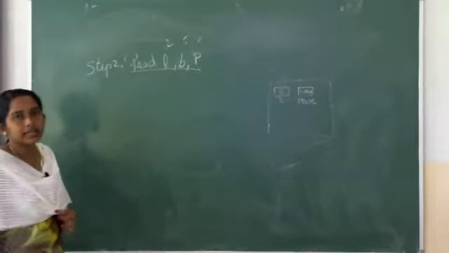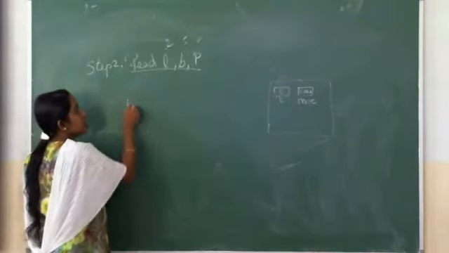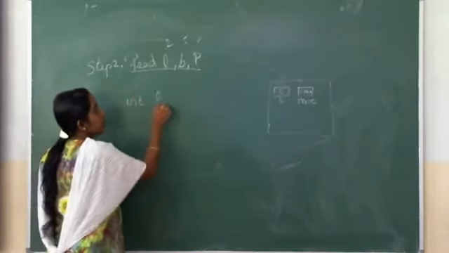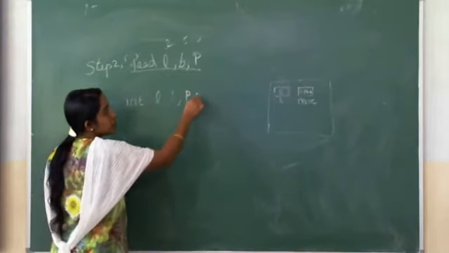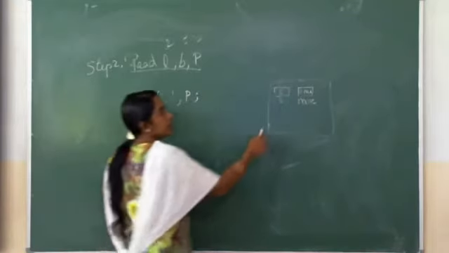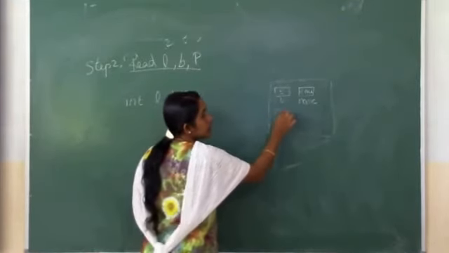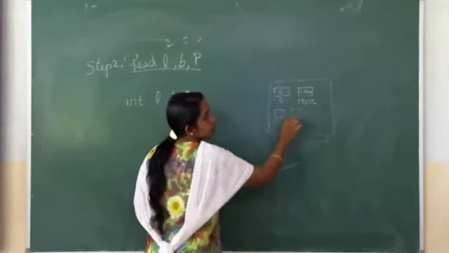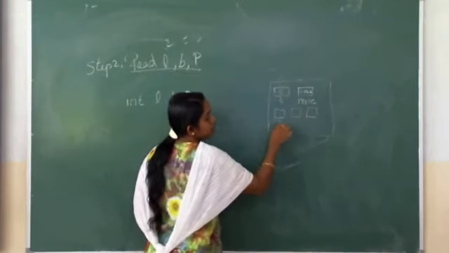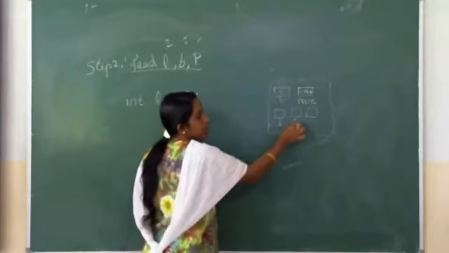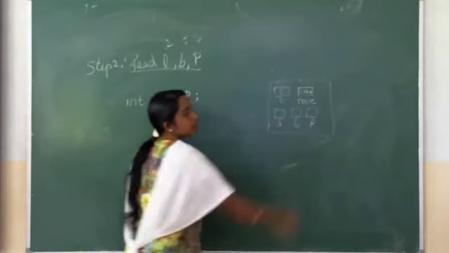So you can write int L comma B comma P semicolon. So what will happen? In our memory 3 memory locations will be created, with the names L, B, P.